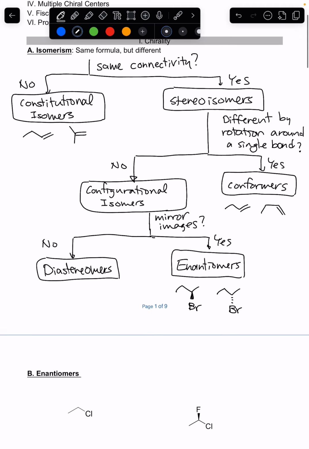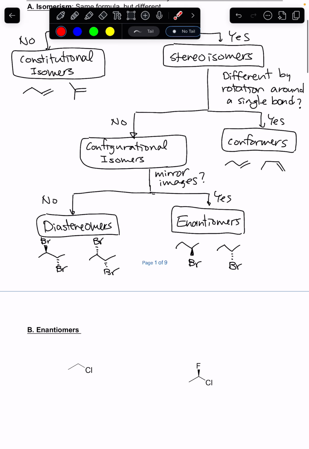Now, diastereomers, what would they look like? If you had something like this, these two have the same connectivity, as in these two carbons are connected to bromines, these two are connected to bromines, but they're different and they're not mirror images of each other, so they would be diastereomers.